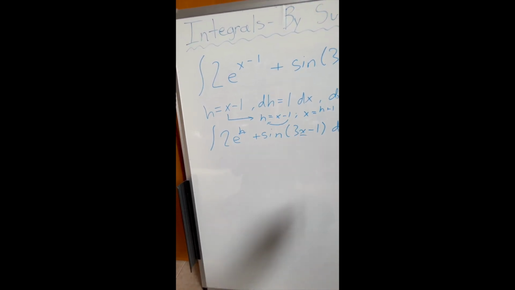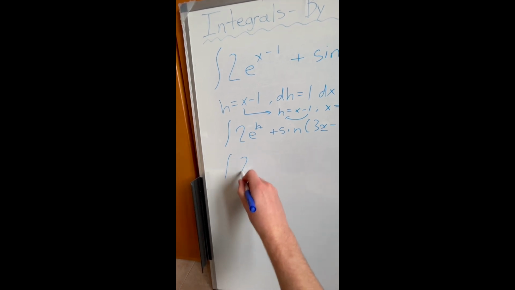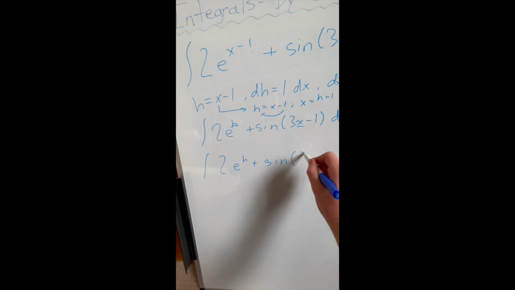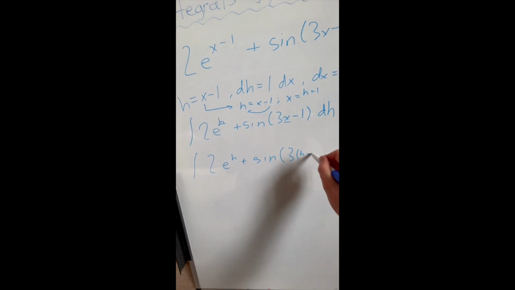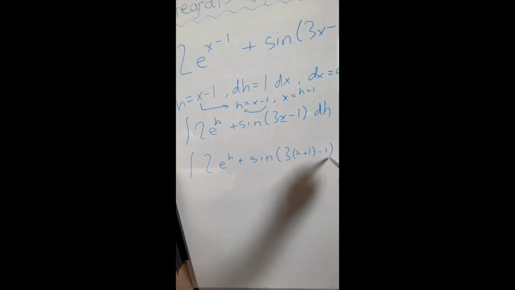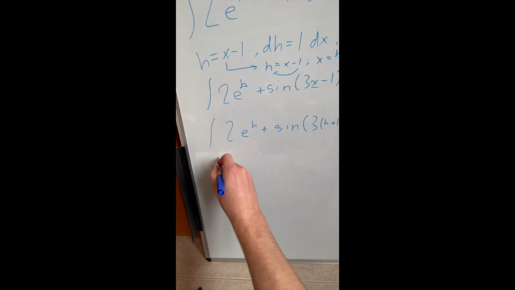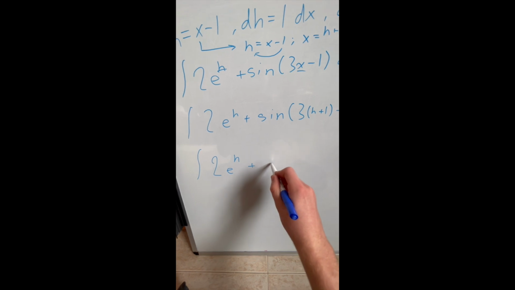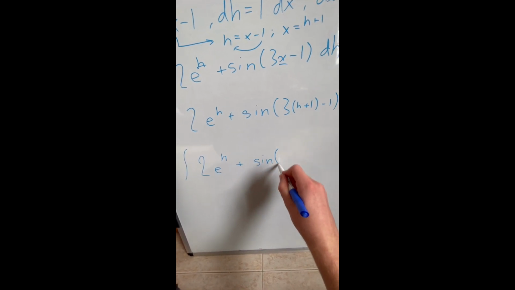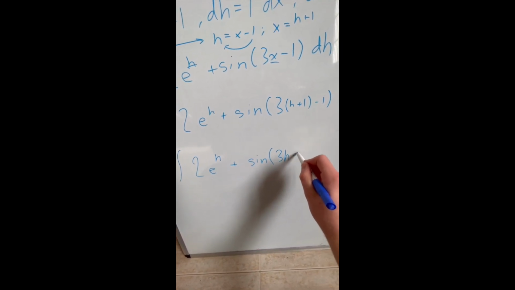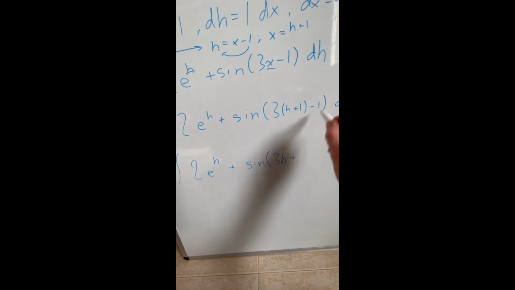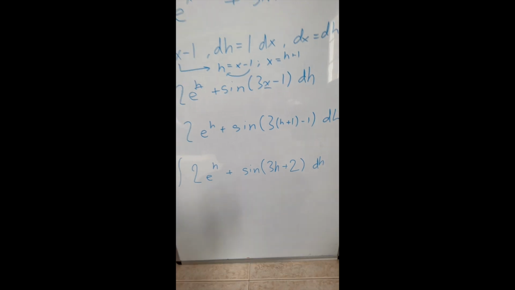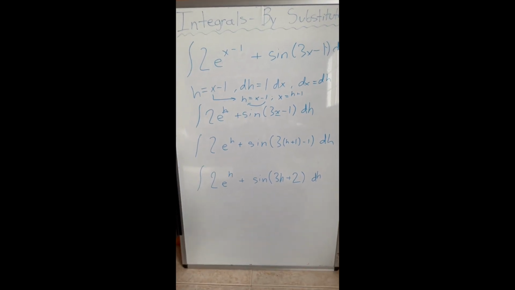So what we do here is 2 times e to the power of h plus sine of 3 times (h plus 1) minus 1 dh. And we obtain 2 times e to the power of h plus sine of 3h plus 3 minus 1, so plus 2 dh. And this is our integral with only one variable.